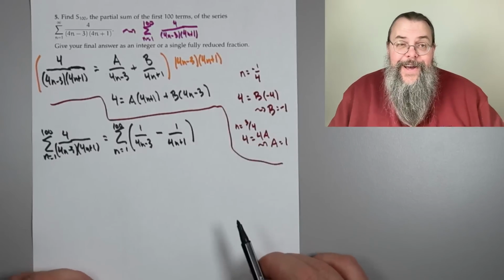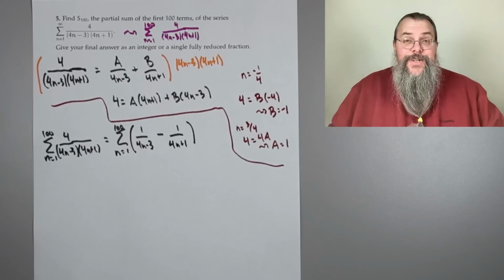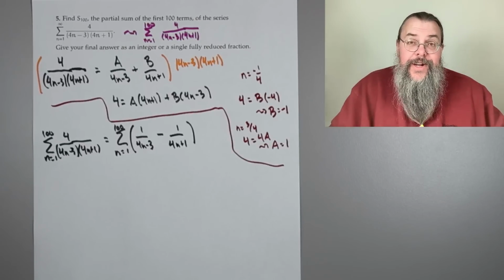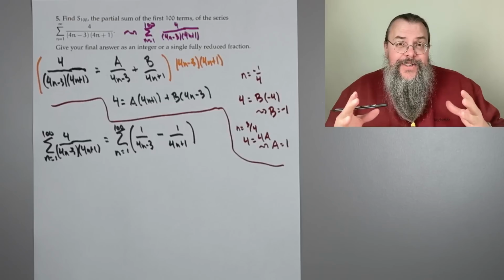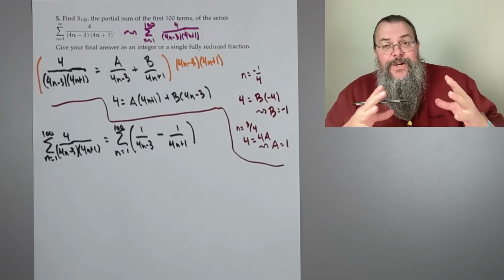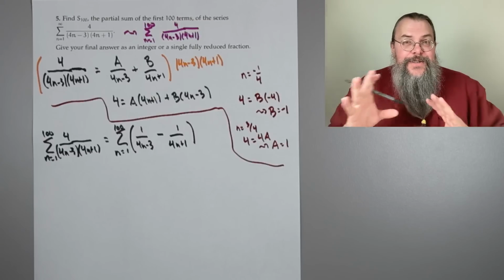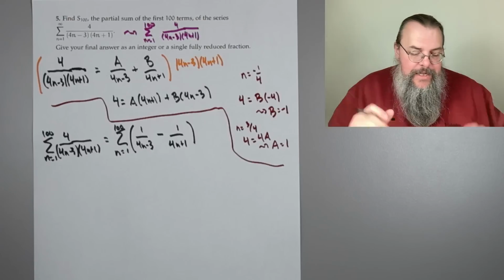Now comes the fun part. We write down terms. We're not going to write down 100 terms, just a couple at the start so we see the pattern, and one at the end.